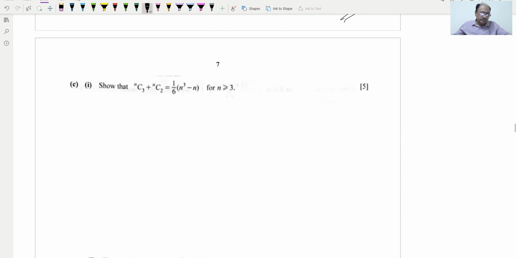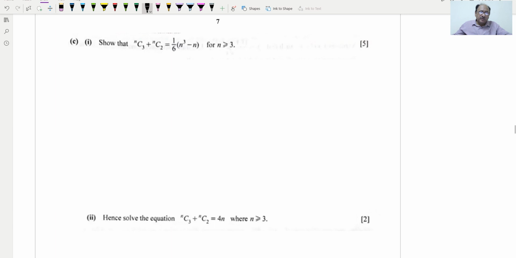Hopefully you understood this. Now the C part says show that this is equal to this for n greater than or equal to 3, and this is a 5-mark part. So what we can do, we can take the left-hand side.